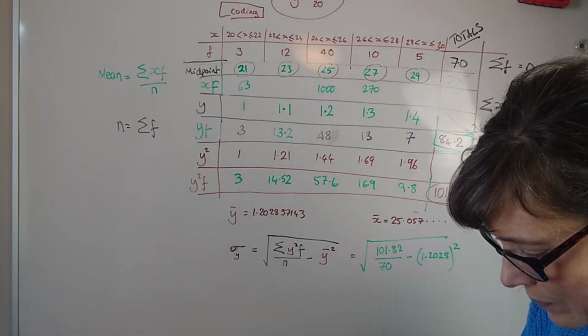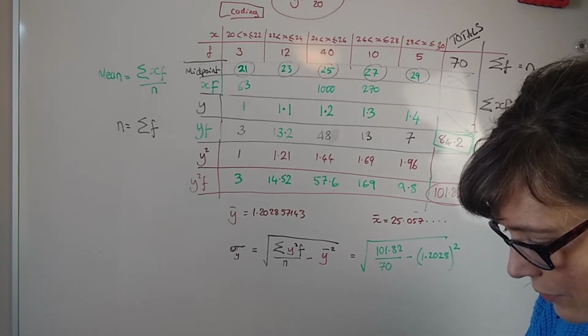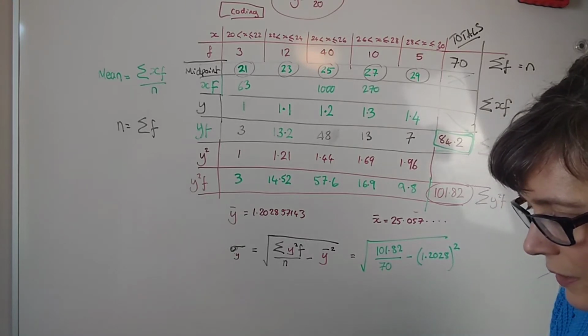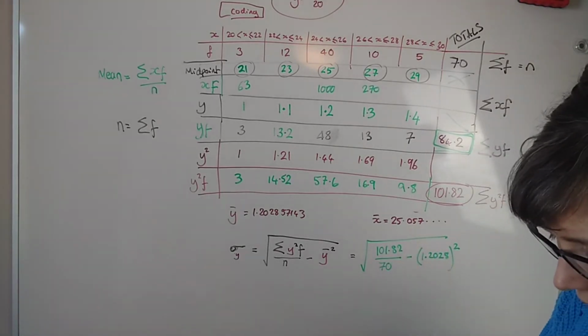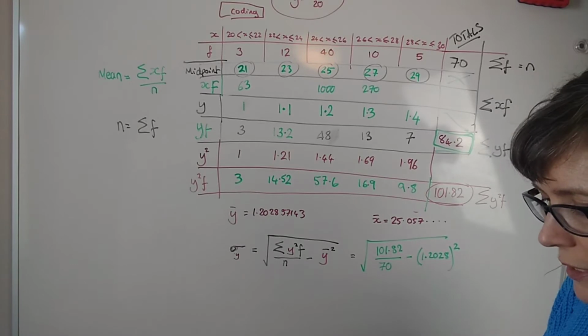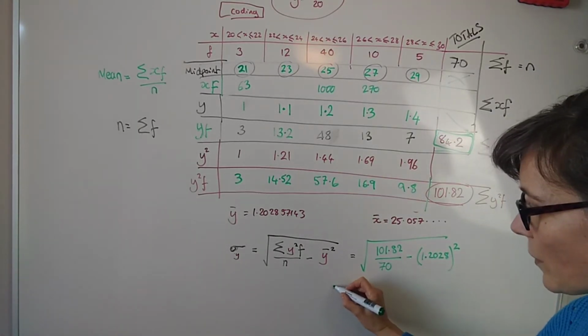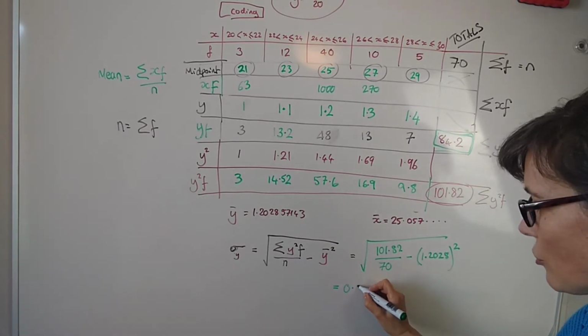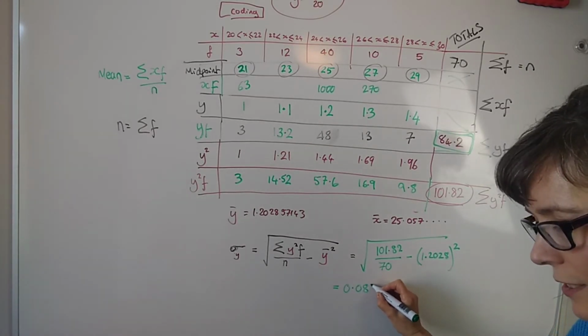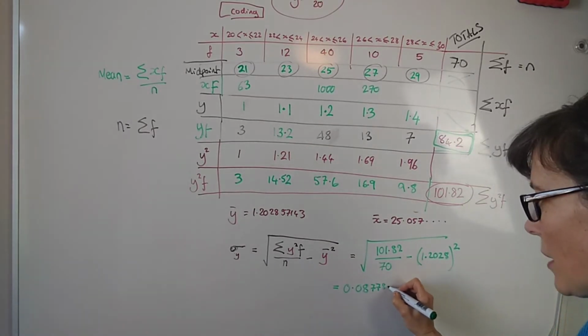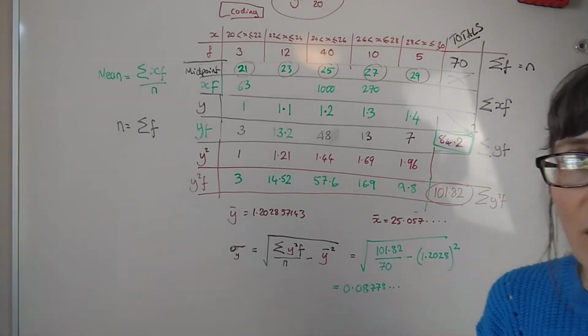Trying to get the whole thing as accurate as possible, squared. So I've got something under there, and now square rooting it, I get my calculator, 0.08778 and so on. Okay, so we've got a standard deviation for y.